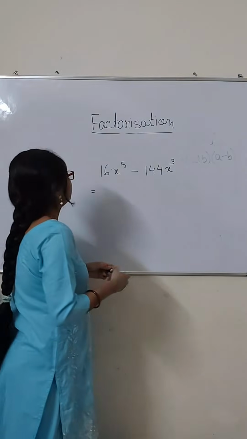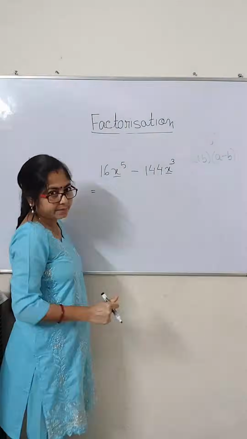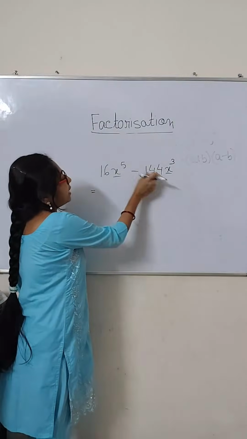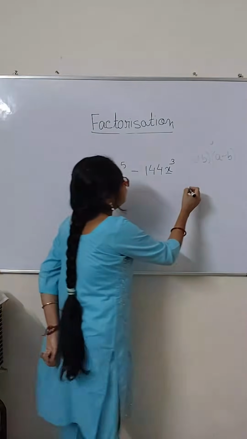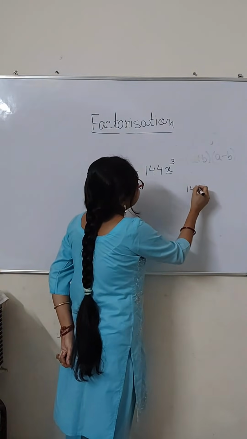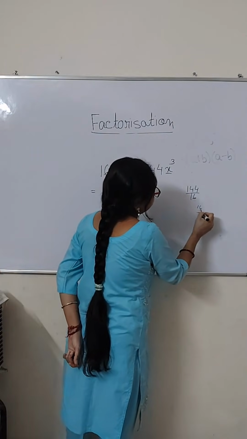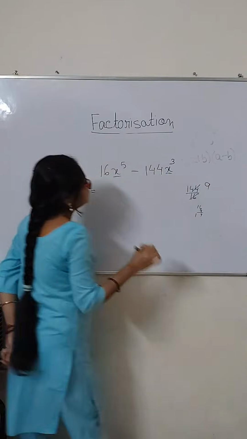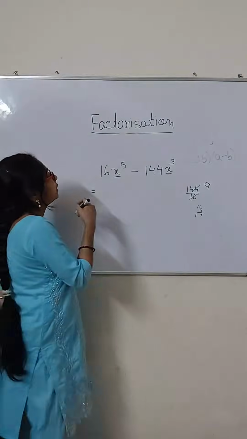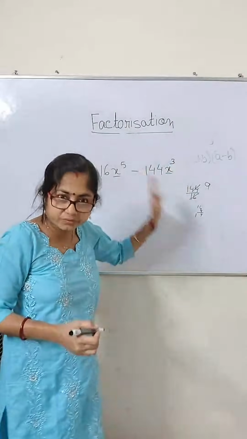Look, first you check this number, 16 and 144. First you check, is it divisible? 144 is 16 into nine. Okay, and that is x to the power 5, and here x to the power 3.